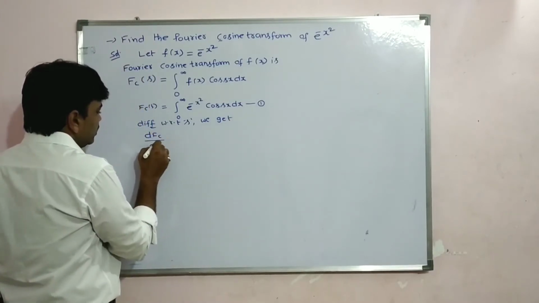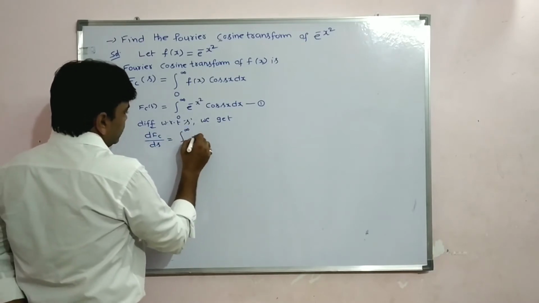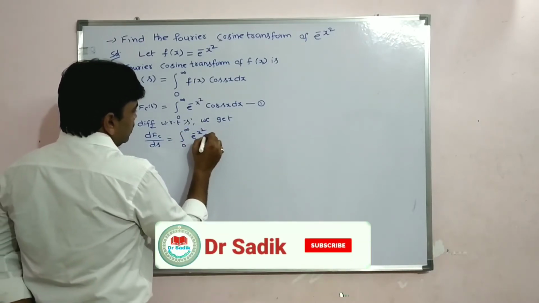dFc by ds is equal to the integral from 0 to infinity of e power minus x square.